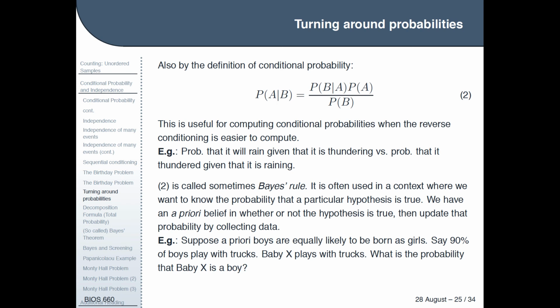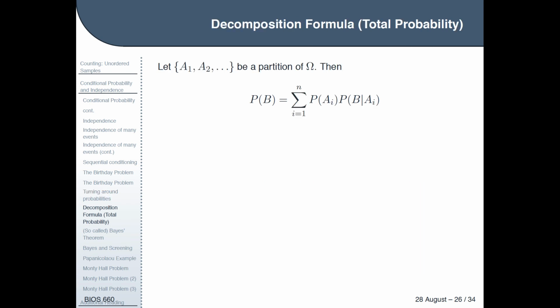Say you assume that baby boys are just as likely to be born as girls, and you also know that 90% of baby boys play with trucks, and that baby X plays with trucks. Then what's the probability that baby X is a boy? Did I forget to work that out? Yeah, I forgot to work that out. It's a fairly simple exercise to do at home if you want to plug in the formulas.